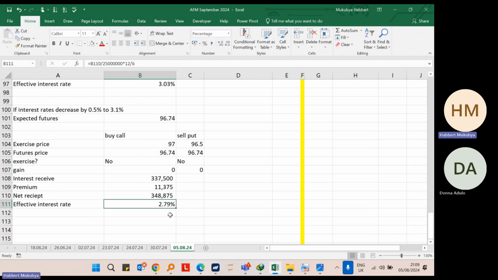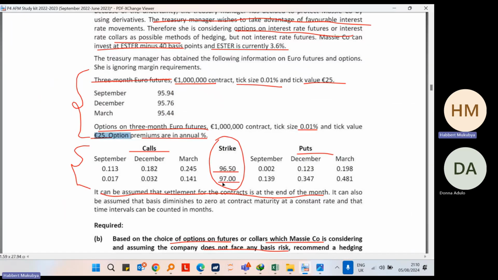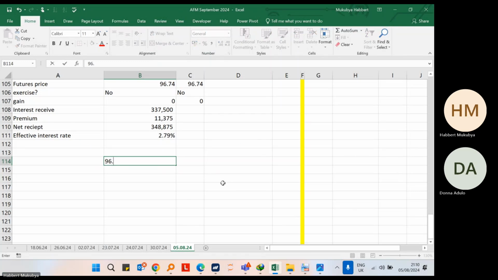Now the thing that you need to do is to compare them so that you can advise which one is to be taken. So we are going to compare for both of the exercise prices, 96.5, then 97, and the collar.